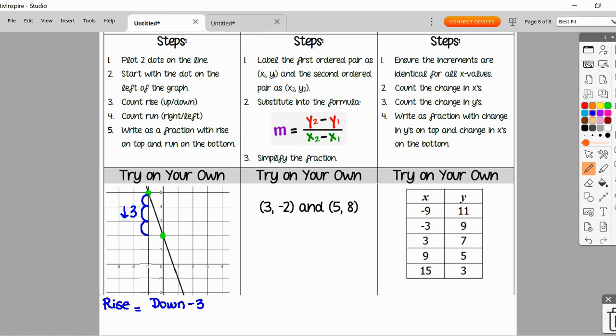I know to stop there because it is perfectly in line with my point. I just have to do some run. My run always goes in my denominator. I just have to move to the right 1. Again, because I moved to the right, that is a positive operation. So I'll have a +1.